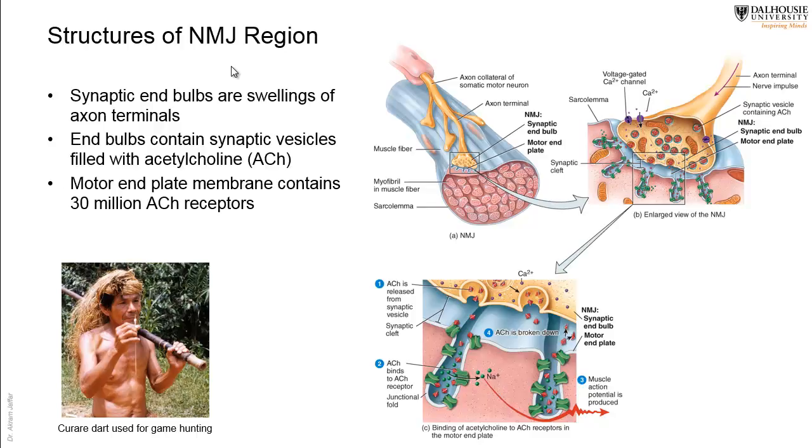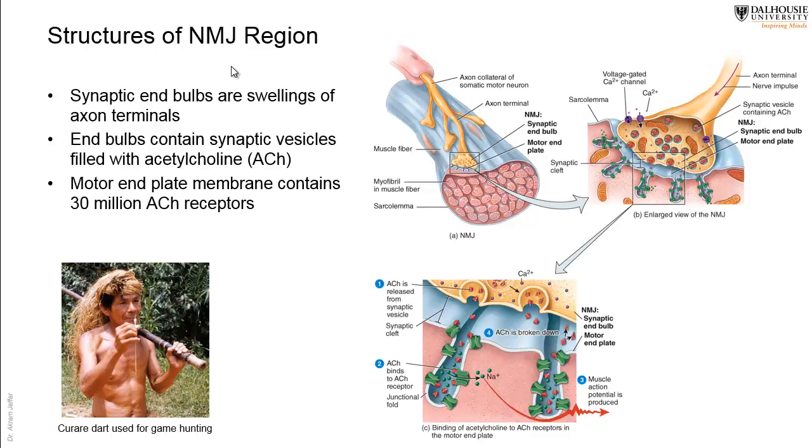Okay, so that's why there are certain substances. For example, a material which is extracted from plants in South America, which is called curare. And this competes with acetylcholine on the transmitter. So even if acetylcholine is released, it will not cause contraction of the muscle.